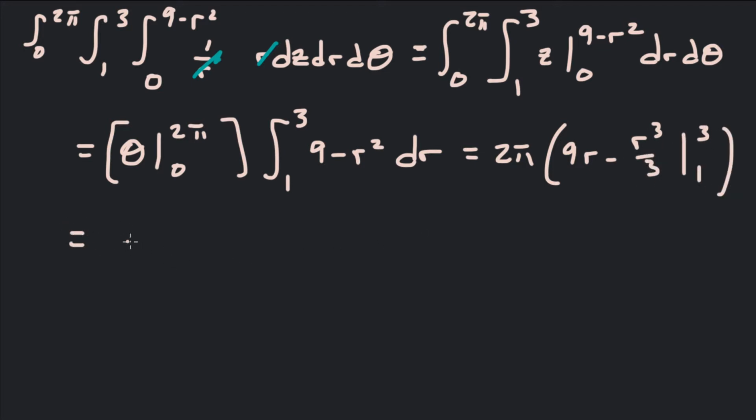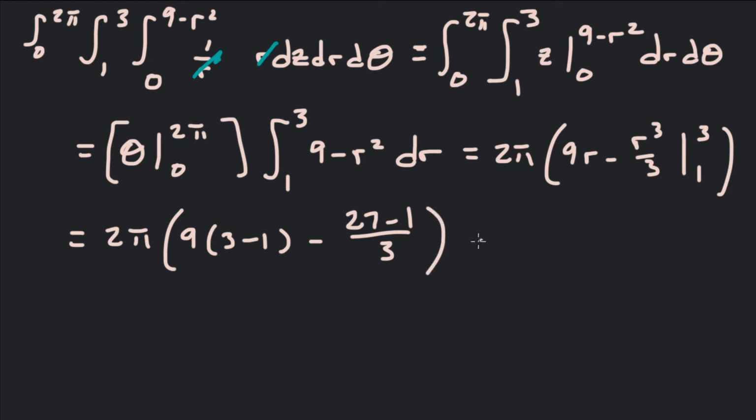And that will be 2π times 9 times 3 minus 1, minus 27 minus 1 over 3. And that reduces down to 56π over 3. 56π over 3. And that is the value of the integral.